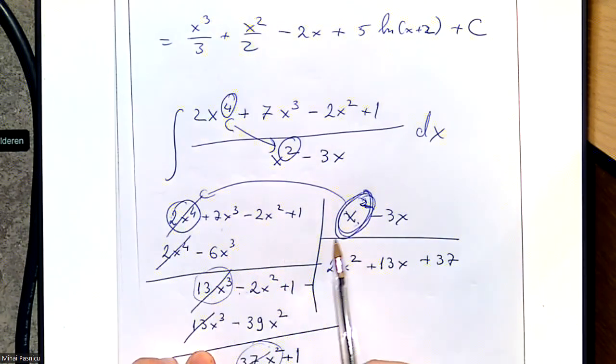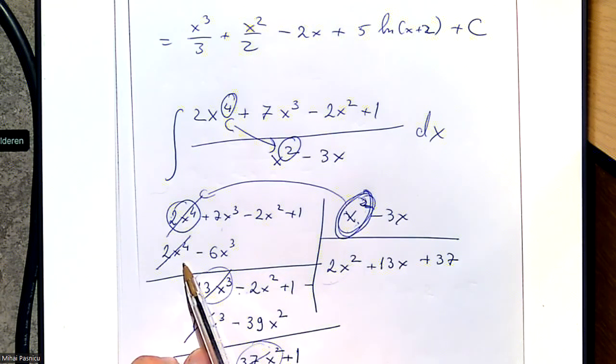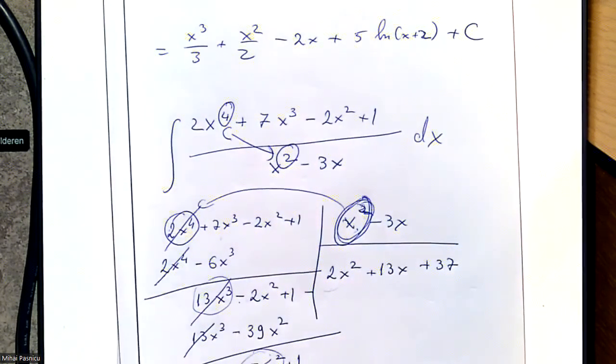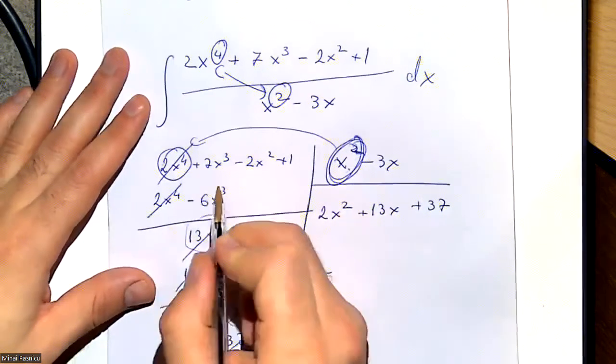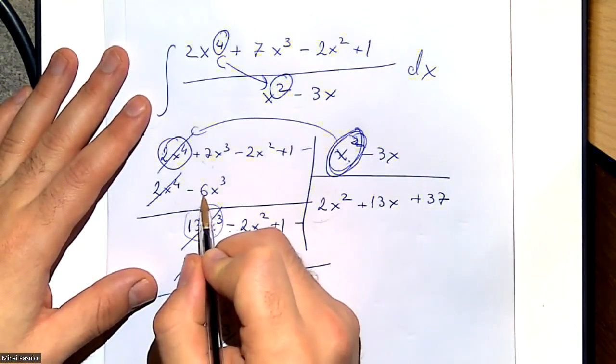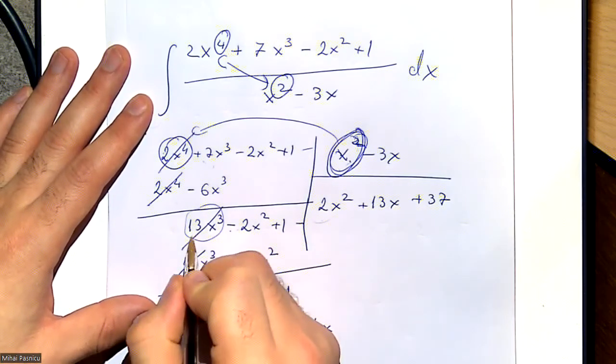This is 2x to the 4th. How many times x squared? That's just 2x squared. Multiply it, and I get 2x 4th minus 2x squared times 3x, 6x to the 3rd. This goes away, and now I have 7x to the 3rd. This is a minus 6, so that's 13x third minus 2x squared plus 1.